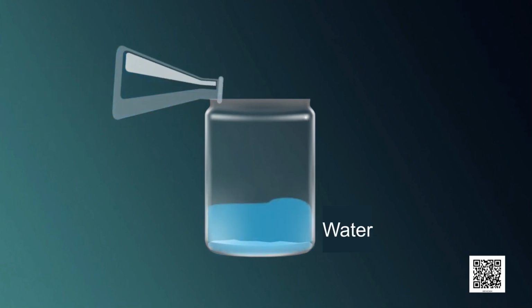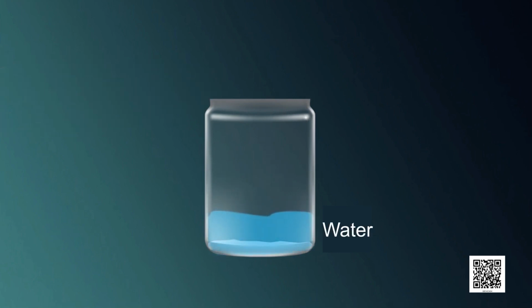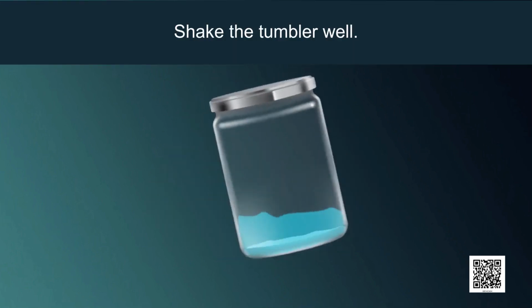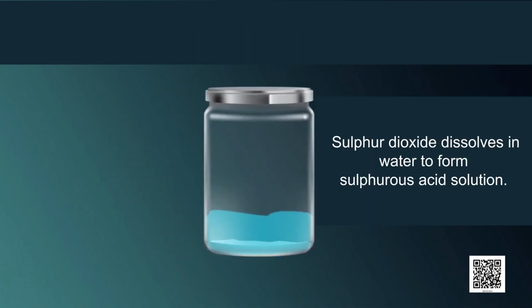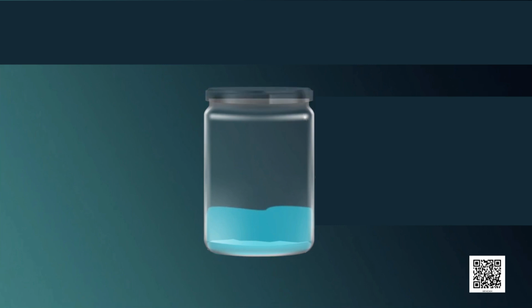Add a small quantity of water into the tumbler and quickly replace the lid. Shake the tumbler well to dissolve sulfur dioxide gas in water. Sulfur dioxide gas dissolves in water to form sulfurous acid. Now let's test this sulfurous acid with blue litmus paper.